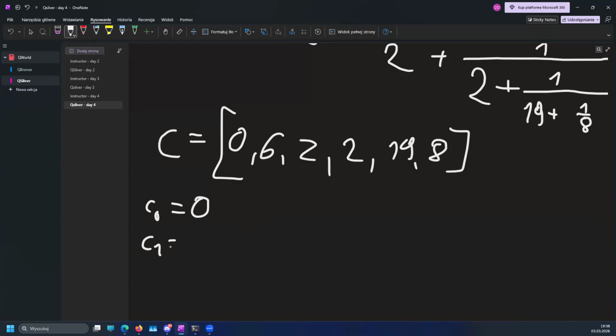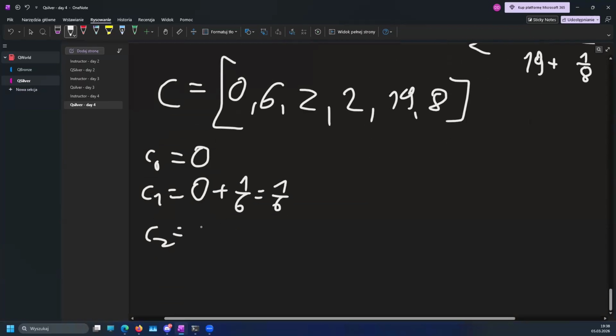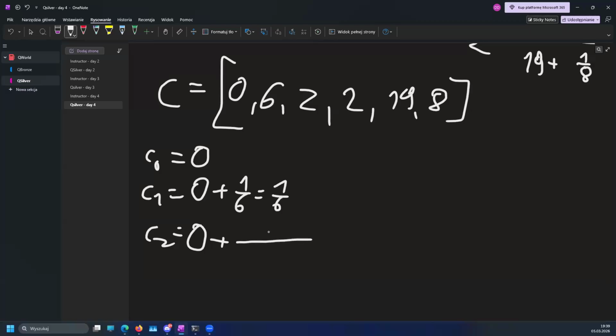The first convergent will be equal to 0 plus 1 divided by 6, which is just 1 divided by 6. The second convergent will be equal to 0 plus a big line 1. Here we write 6 plus 1 divided by 2. So this thing will be equal to 6 plus 8. So it will be 2 divided by 13, I believe.